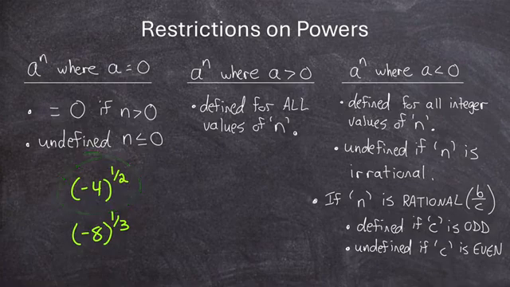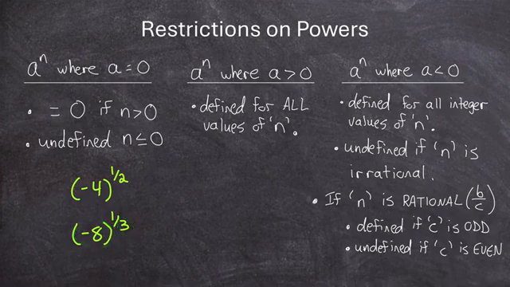And whenever this denominator is even, we're going to be looking for an even number of factors multiplied together to get a negative base, and that's just not possible, which is why all powers that have a negative base and a rational exponent where the denominator is even is going to be undefined. But if the base is negative and the rational exponent has an odd denominator, for example 3, we'd be looking for 3 factors of what equals negative 8.